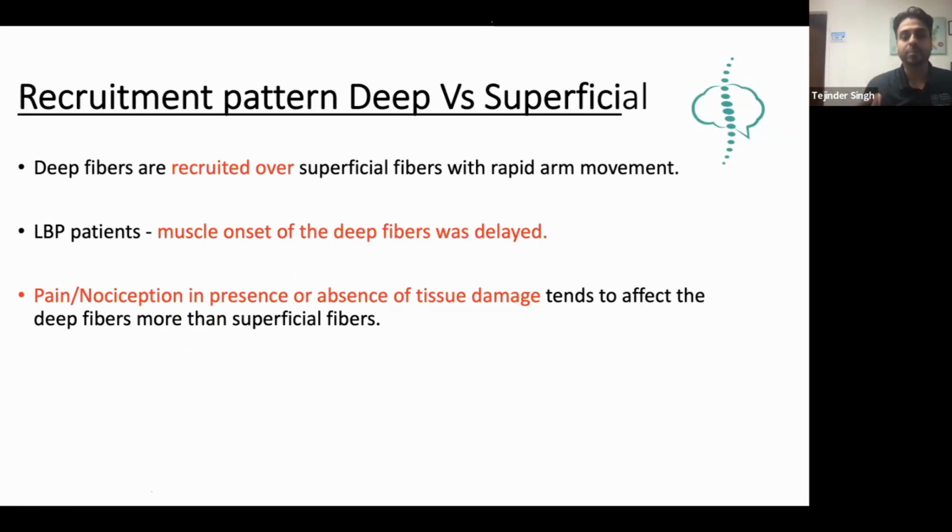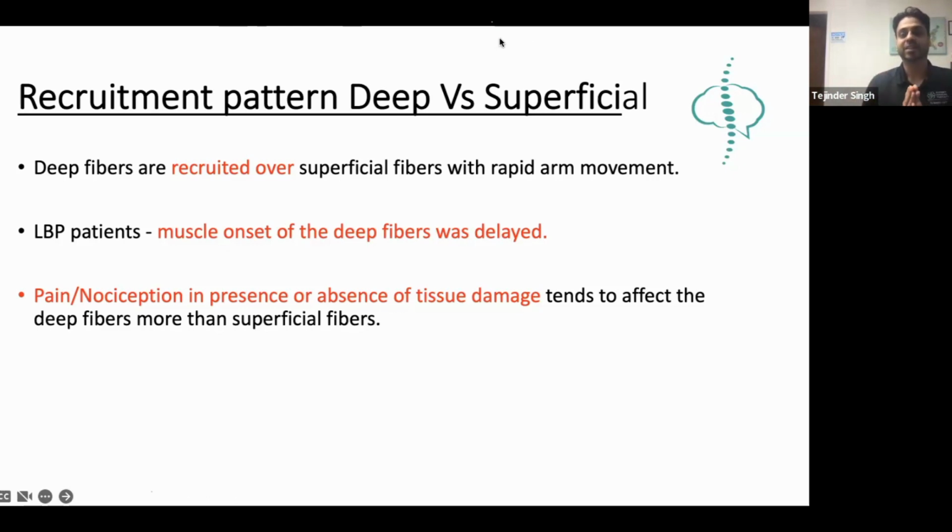Patients who have low back pain, the activation is delayed. There have been interesting studies. I think when we were in Delhi and Bombay, we were talking about how patients can present with low back pain without tissue damage, and we were talking about central sensitization.